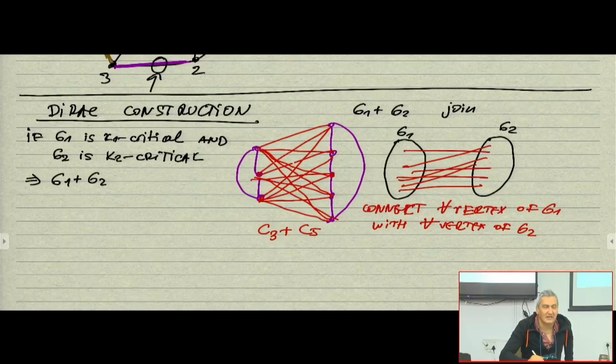How critical will G1 plus G2 be? Do you believe me, or should we prove it?